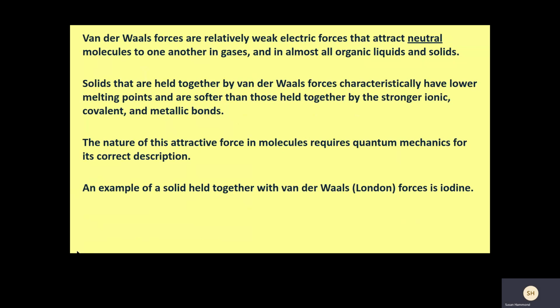Now, this is a slight detour. One example of a solid is iodine. Iodine is in group 7 or 17, depending how you define it, of the periodic table. And we do group 7 at A-level. So just a very quick look. This is a little YouTube video about iodine.